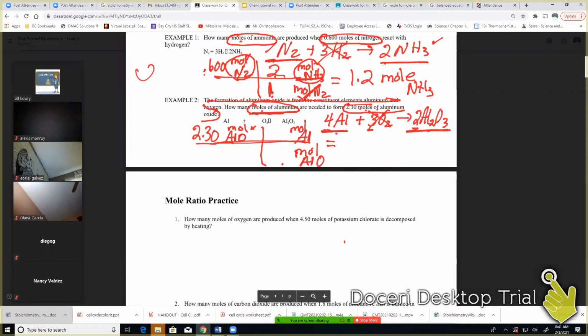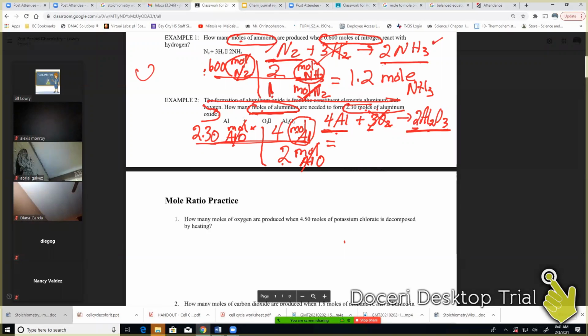So how many moles of aluminum oxide do I have? 2, perfect. And how many moles of just plain aluminum do I have? 4, that's it. This cancels. I'm left with just one unit, which is what I want. So now, if you want to try it in your calculator, you're going to multiply across.